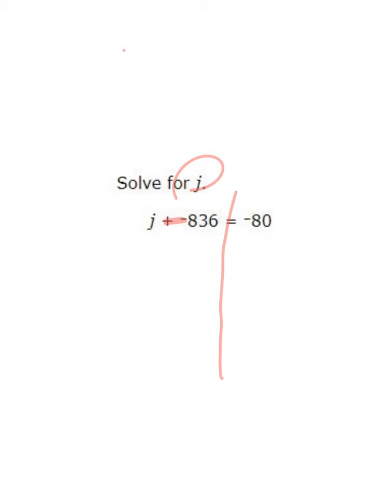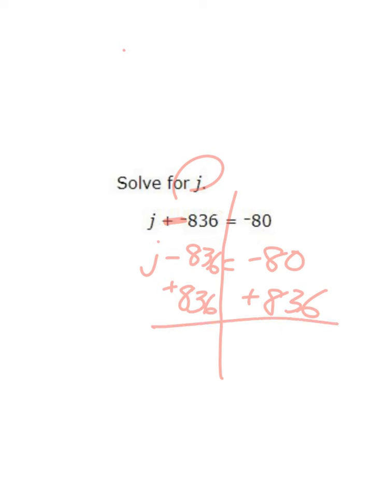I'm going to turn plus a minus into j minus 836 because adding a negative is the same as subtracting. The opposite of subtracting is adding. So I'm going to add 836 to both sides.